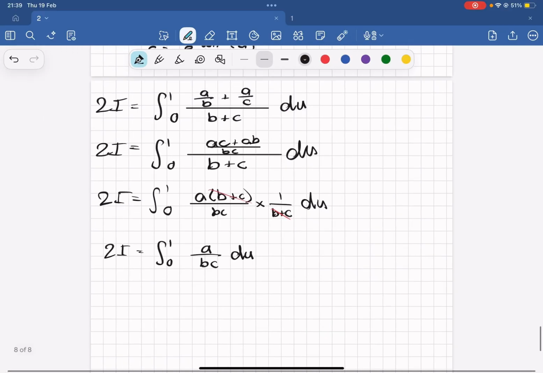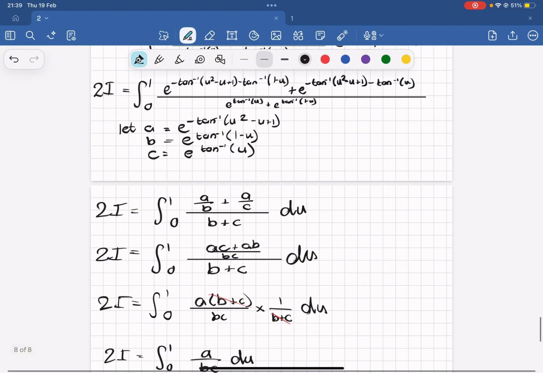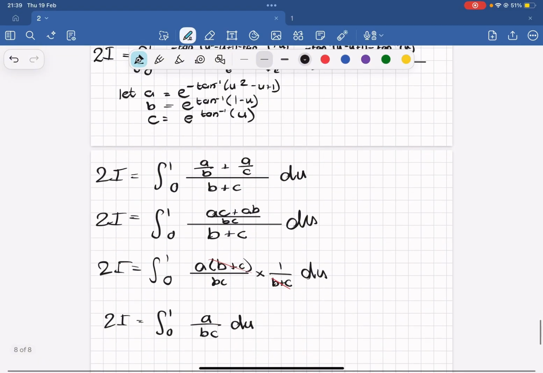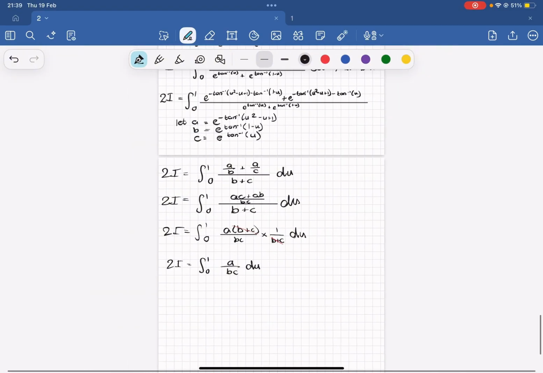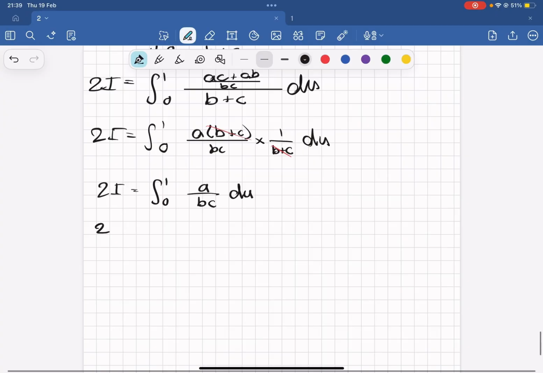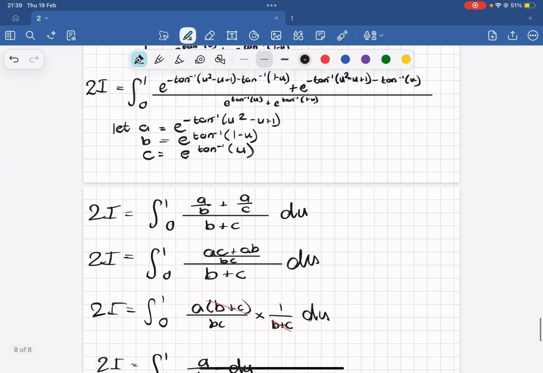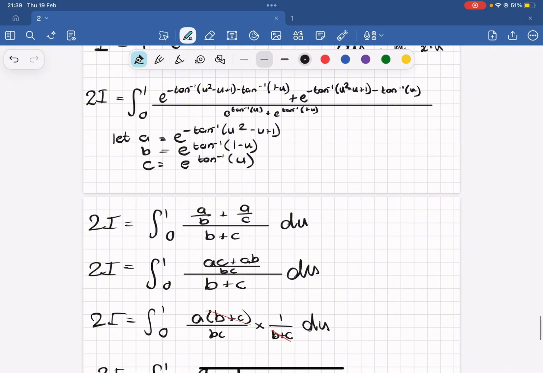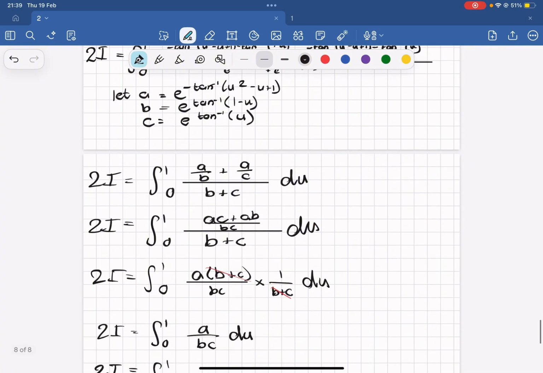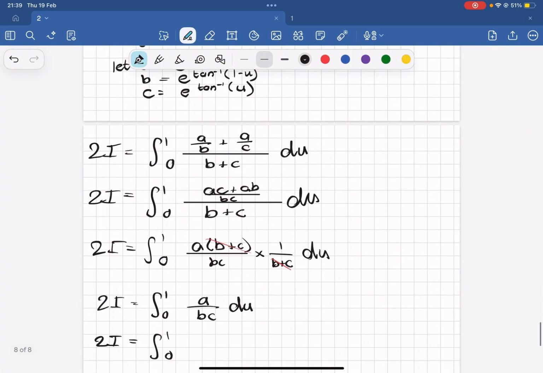Now this is much easier to deal with, so what we do is substitute A, B and C back in. So we said A was e to the minus arctan of u squared minus u plus 1.